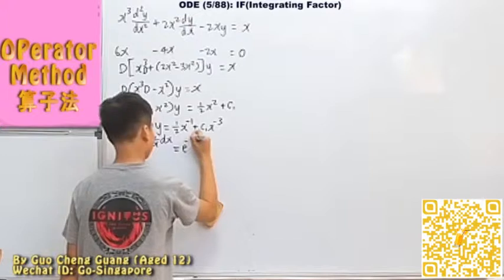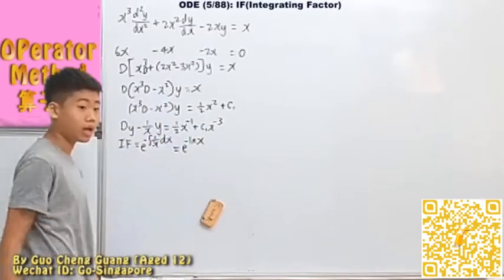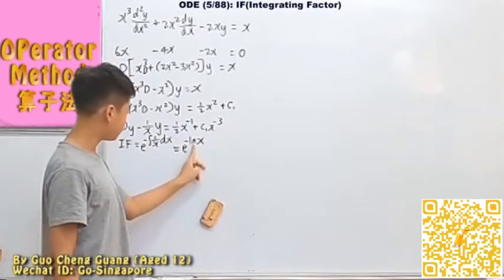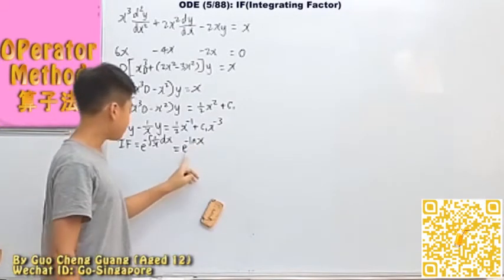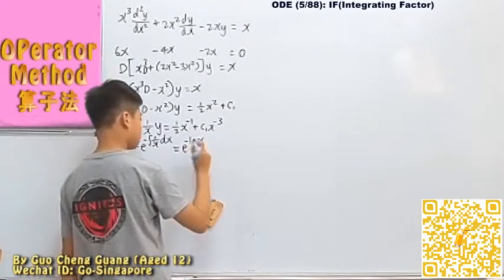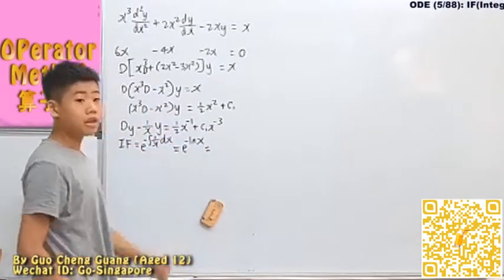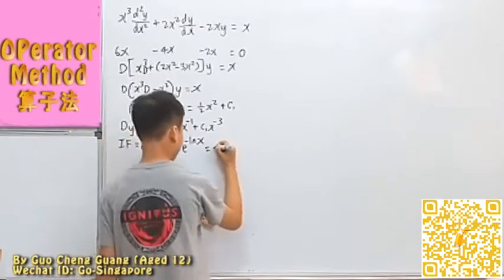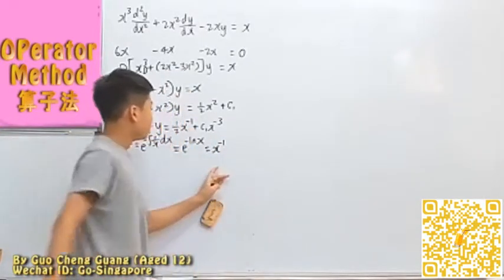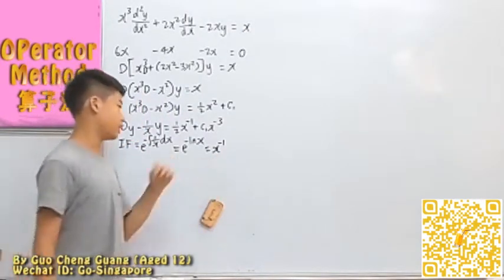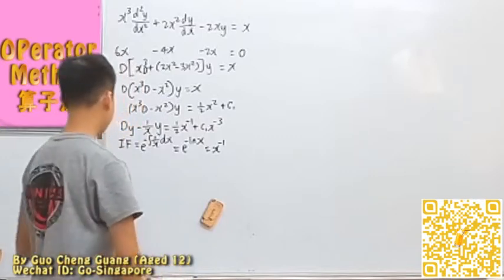Well, definitely it is ln x. But ln is the logarithm, and e is the exponential. So what do you think of these two when they're together? Well, that means you can just cancel them out, as they're the inverse operations of each other. And the result we'll get is x inverse, or you can also write it as 1 over x.